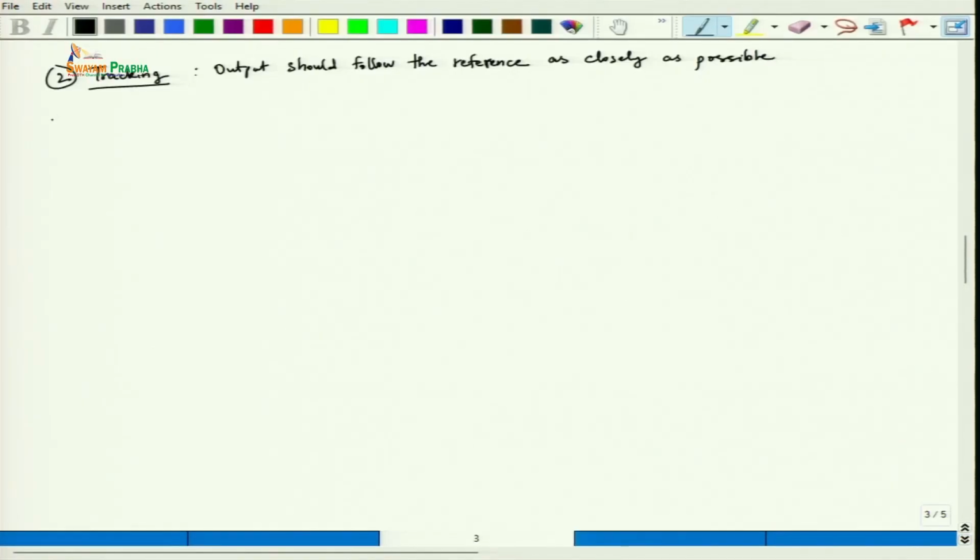The next aspect is what we call regulation.